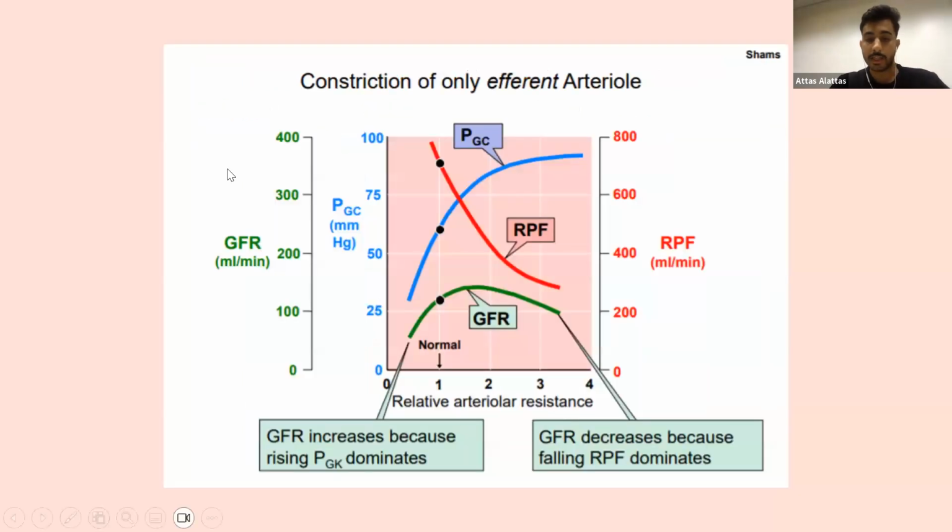So you have two factors antagonizing each other. The hydrostatic capillary pressure is increasing, but the renal plasma flow is decreasing. So now you need to know which one is dominant. Is it the hydrostatic pressure or the renal plasma flow?